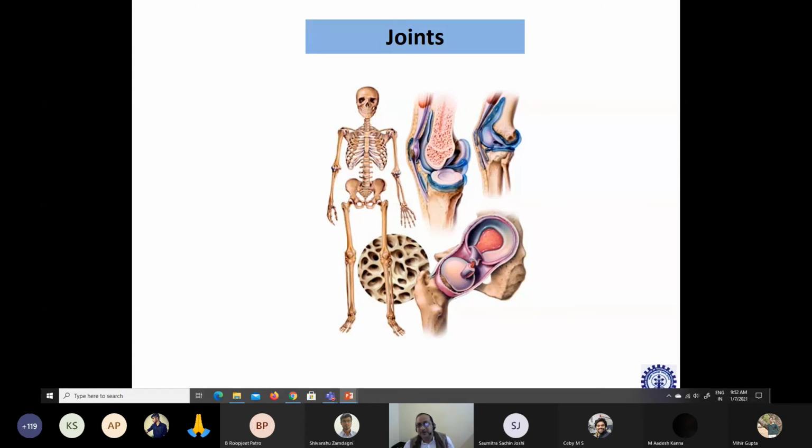So the joints, as I was telling you, there are several joints within the musculoskeletal system, and these joints offer different ranges of motion. That translates into different kinds of physiological activity that we perform during our daily life.